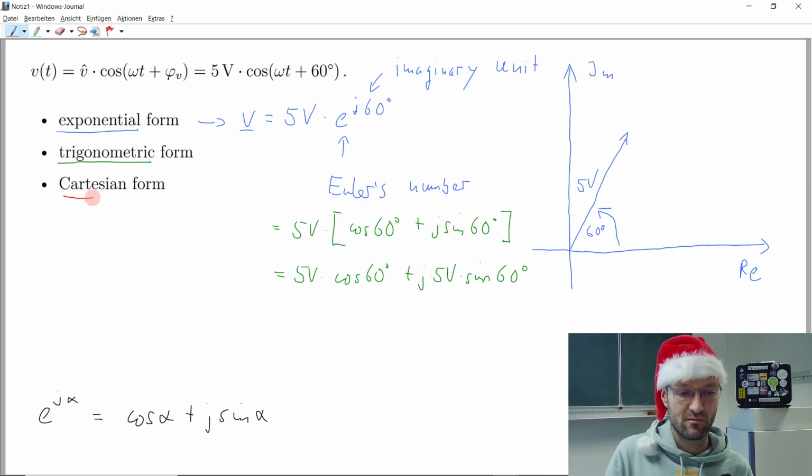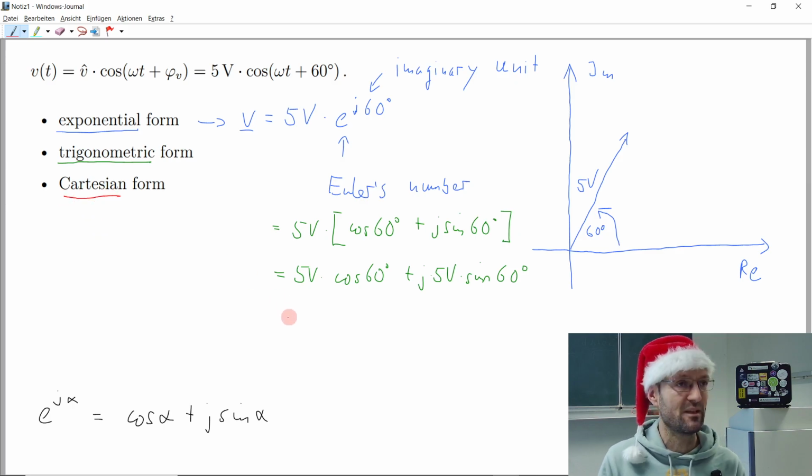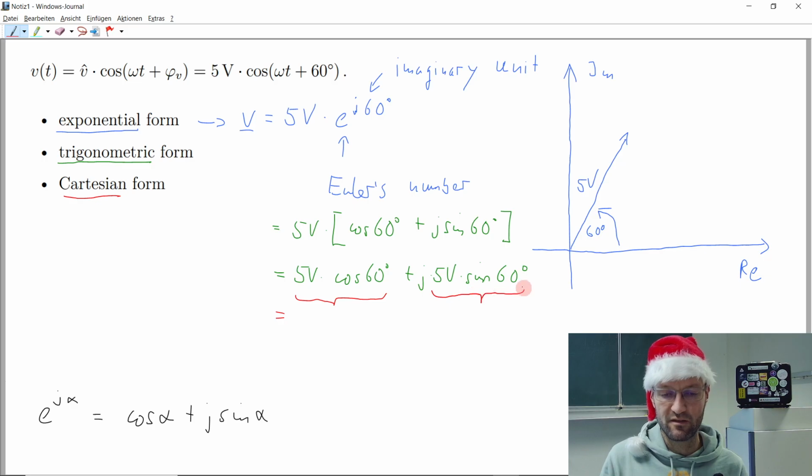So what is the Cartesian form at the end? Yeah, just this calculated. So we take this, calculate this, and we get some number, and we take this and calculate this and get some number, and then we have the one number plus j times the other number.